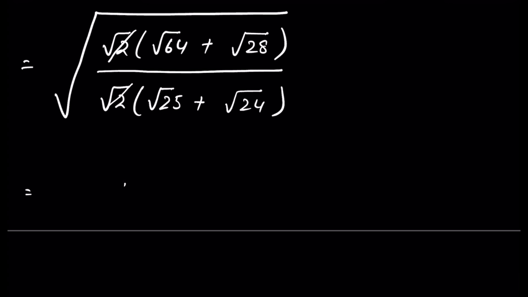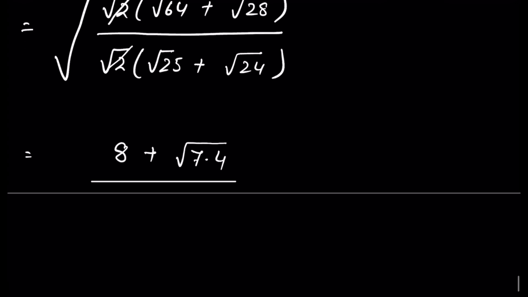Again square root of 64 is 8 plus square root of 28, we can write 7 times 4 under square root, upon square root of 25 is 5 plus square root of 24, we can write 6 times 4 under square root, then all under square root.